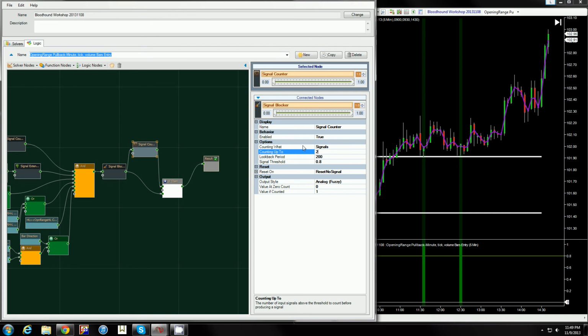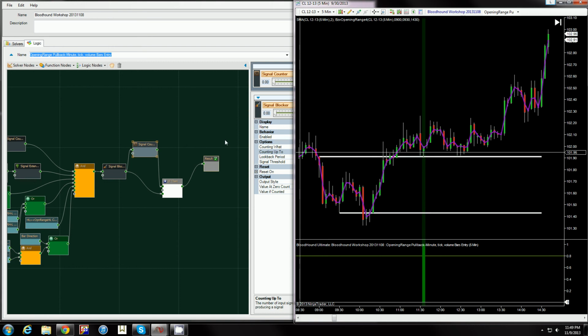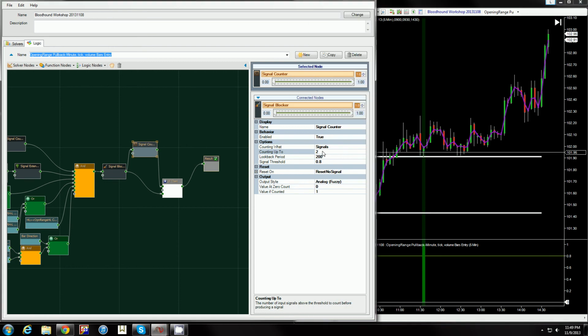For 1 trade per day in each direction. Or if you want 2 trades per day in each direction possible, then set it to 3, and this doesn't need to be set to 200, not for the minute.